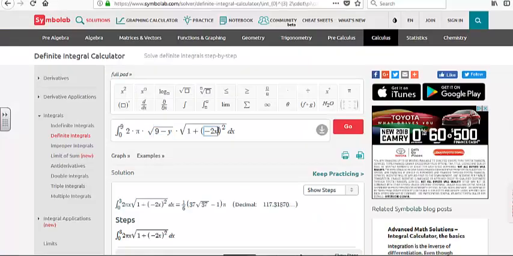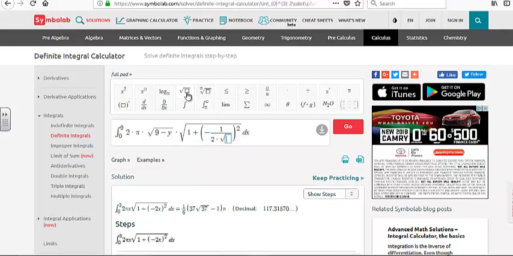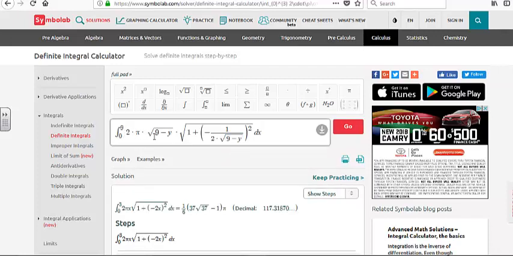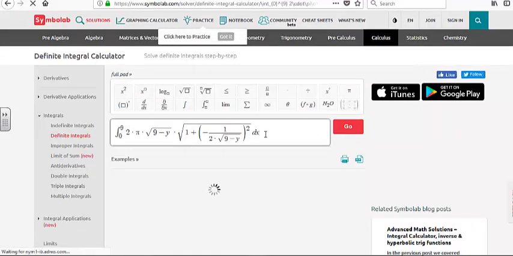Okay, so we have negative 1 divided by 2 times the square root of 9 minus y. So that looks right. Let's double check it. 2 pi, from 0 to 9, 2 pi square root of 9 minus y times the square root of 1 plus negative 1 over 2 square root of, okay, looks good. Push, oh, dy, yeah, you're right.